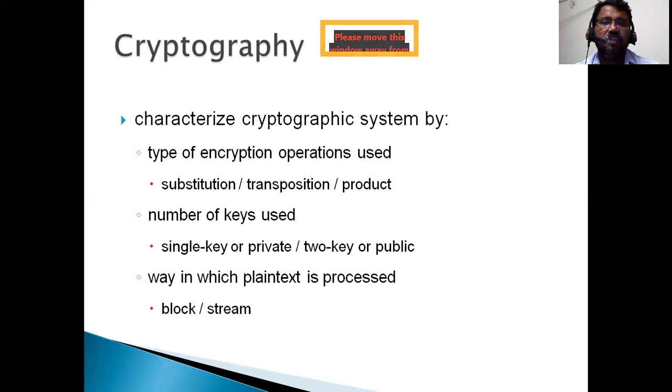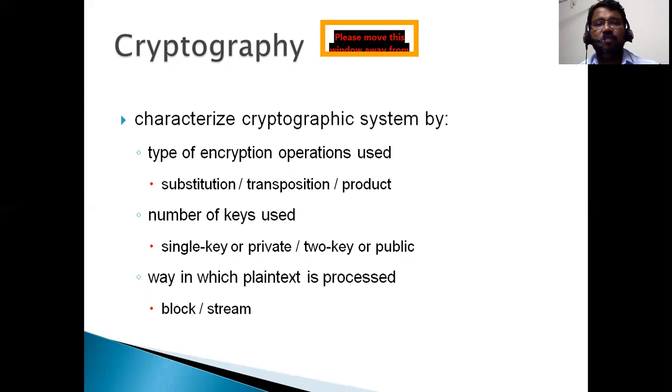Next we have the number of keys used. We can classify our encryption algorithms into two types. Based upon the keys used, we can have single key encryption, which we call private key, and we can also have another type, two keys, which is called the public key encryption algorithm.